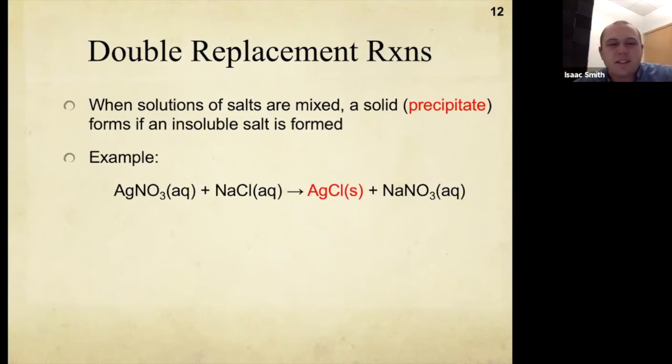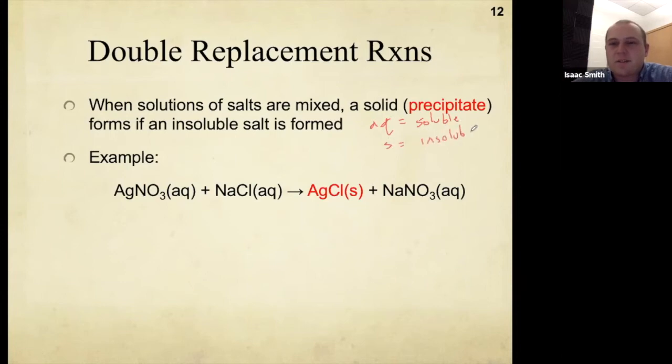If you look at this example here, these three compounds are all labeled as aqueous. If something's labeled as aqueous, that means it's soluble in water, okay? If it's labeled as a solid and it's an ionic compound, then that means it's insoluble in water, okay?